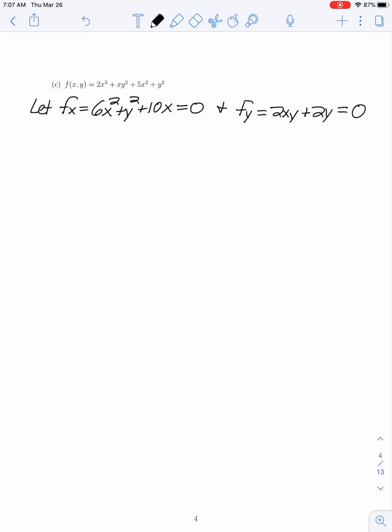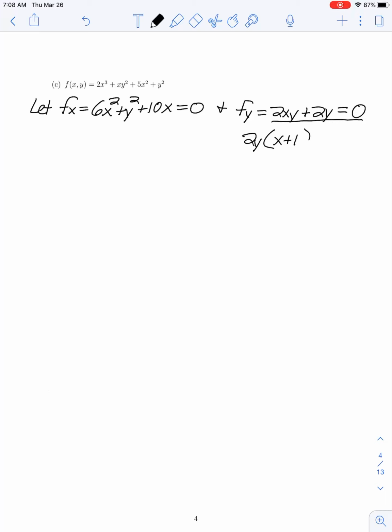Now in this example, when I look at these two equations, the first equation involving the partial derivative of f with respect to x is a little bit messy, and the partial derivative with respect to y isn't quite so complicated. So I might first look at this equation involving the partial derivative with respect to y.